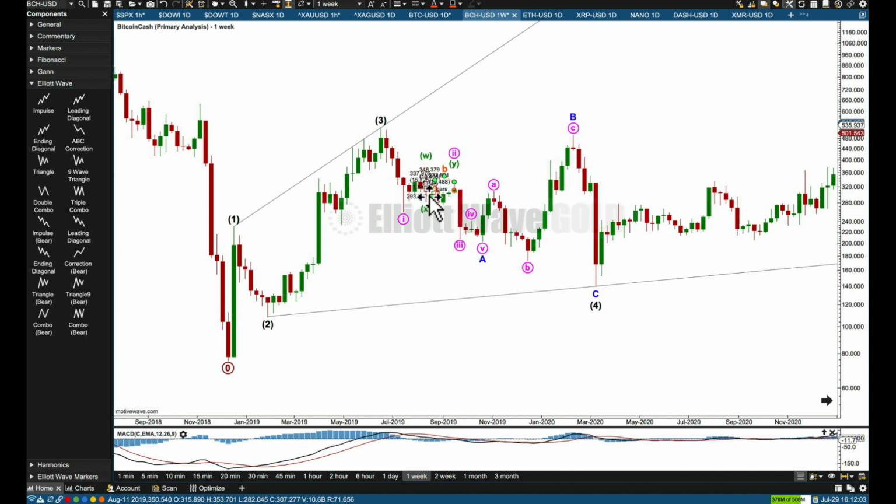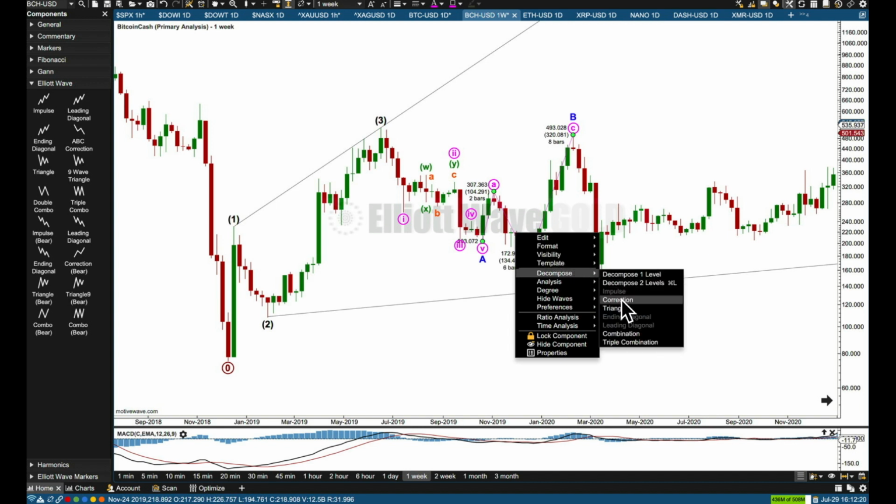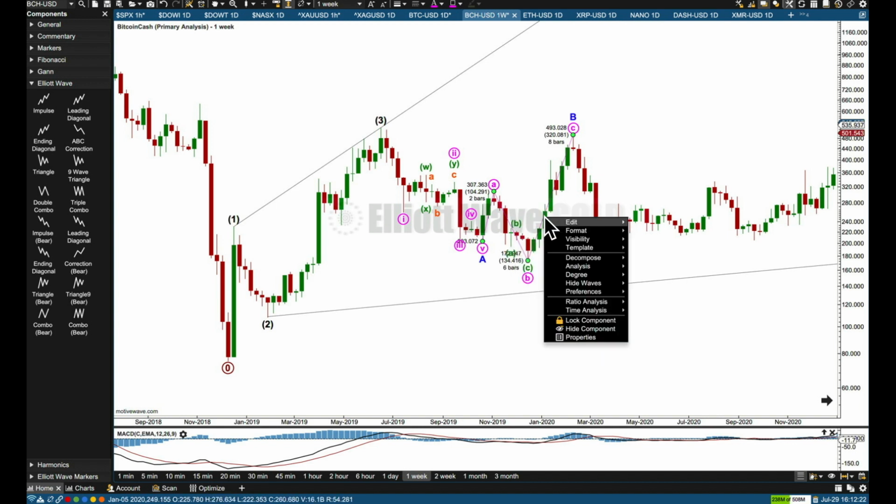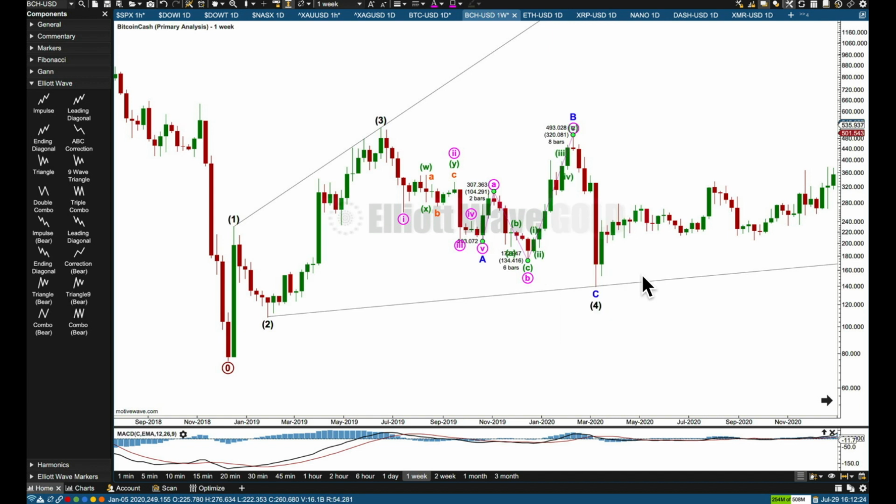Oh, don't do that motive wave, put it there. And C moves beyond A. This looks like an expanded flat, and W looks like a 3. Okay, that works. That works quite nicely. Oh, and this B looks like a good 3. And C could easily be a 5. I'll put this here, I think. That's better.